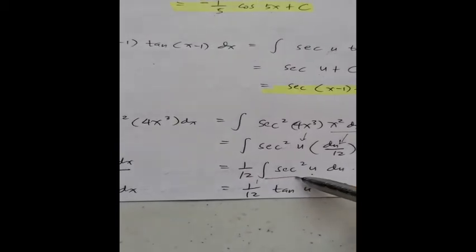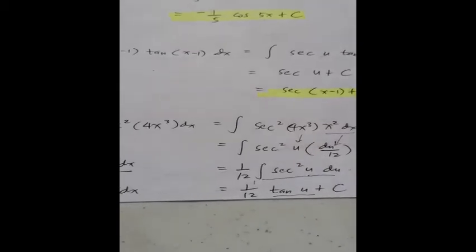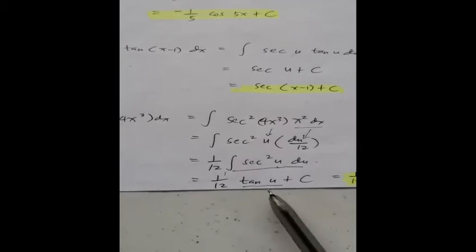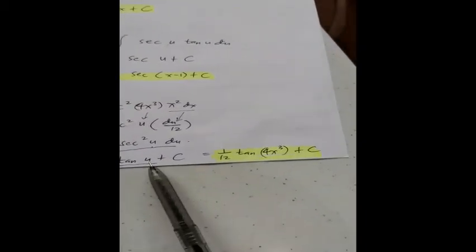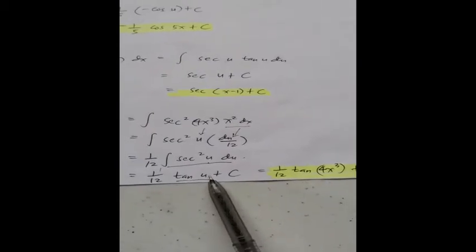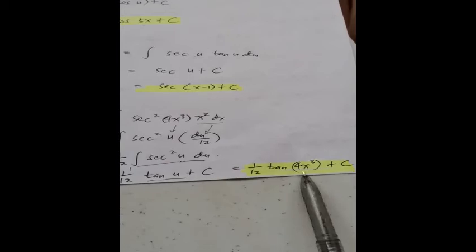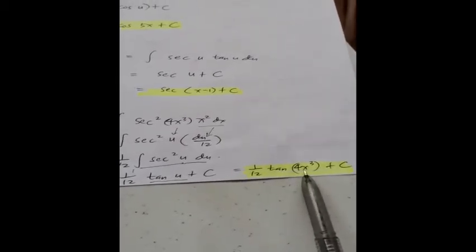And then, integral nito, si secant squared u is tangent u plus c. Okay, and then 1 over 12, sa final answer natin dapat, si u ibabalik natin yan into variable x. So, that's why we have 1 over 12 tangent of 4x cubed plus c.